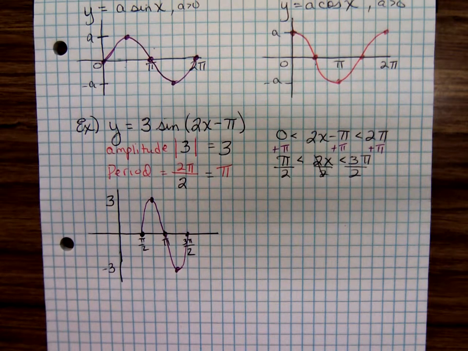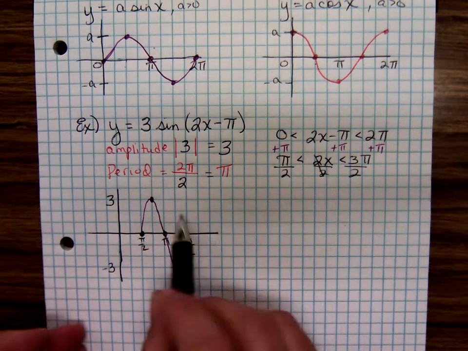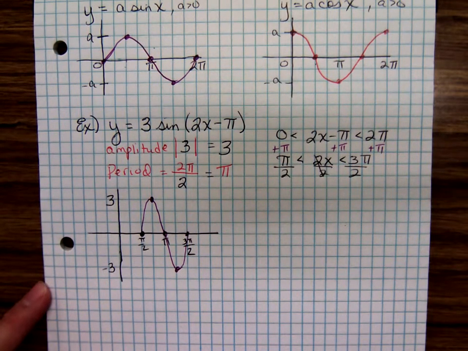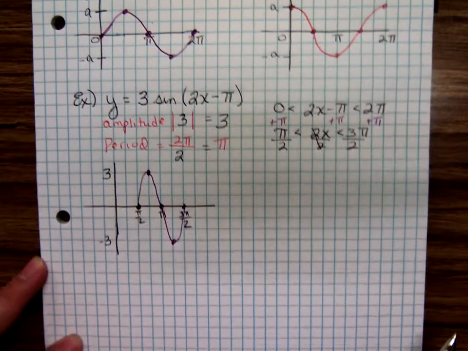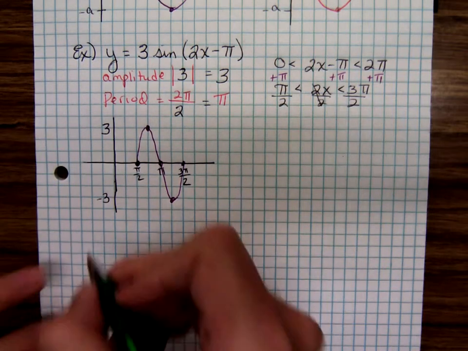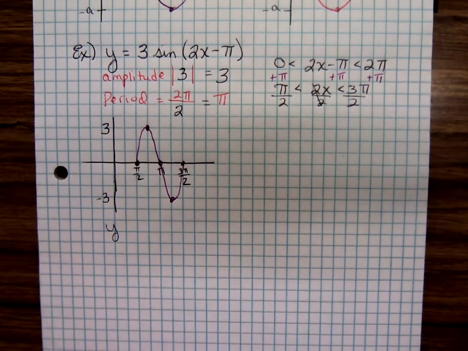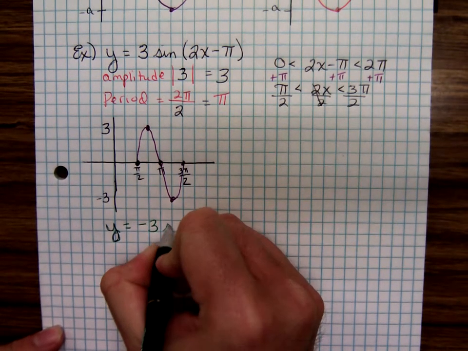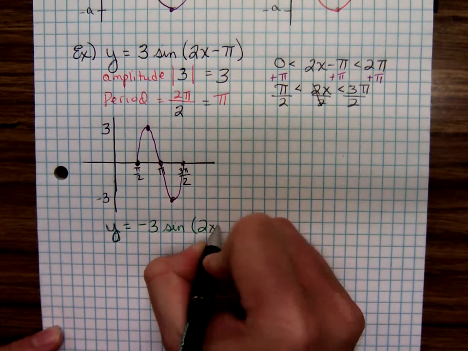So now that's the graph of y equals positive 3 sine 2x minus pi. Let's just briefly discuss what would happen if we were graphing y equals negative 3 sine 2x minus pi.